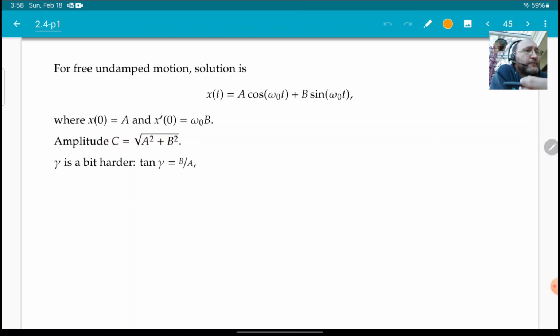Now, one thing that we haven't talked about is gamma, and it's a little bit harder.